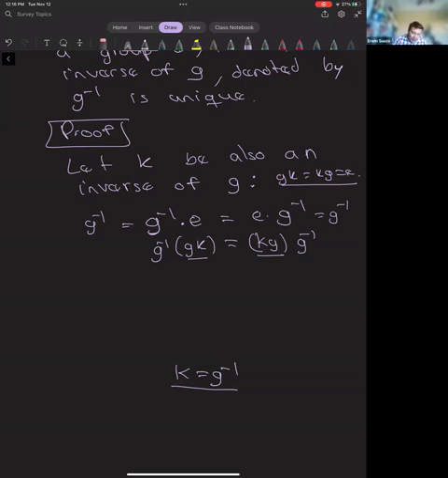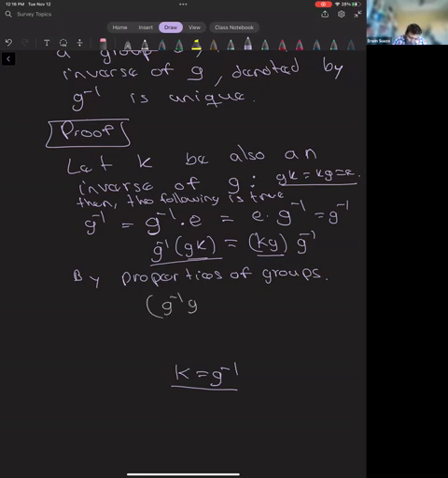And now the following is true. By properties of groups, we can rewrite this by associativity.